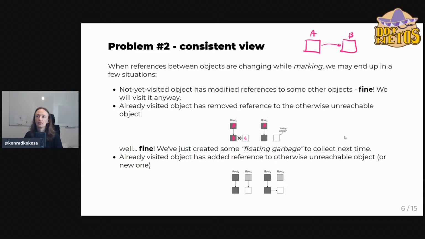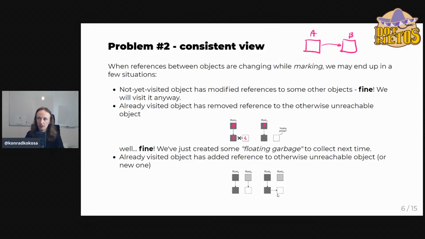The next situation is that an already visited object has added a reference to an otherwise unreachable object. So, for example, imagine we have an object situation like here, where some objects have been already visited, and there is another object pointing to some object, and because the code is doing so, we change the references between some objects.